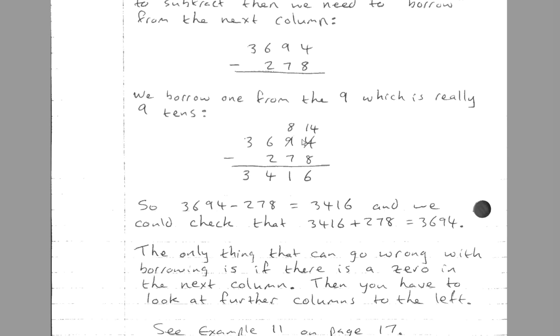And now we can do the subtraction, so 14 minus 8 is 6. Now we have an 8 here. That 9 is gone, so it's 8 minus 7 is 1. 6 minus 2 is 4. And 3 minus 0 is 3. Okay, so that's the idea of borrowing.